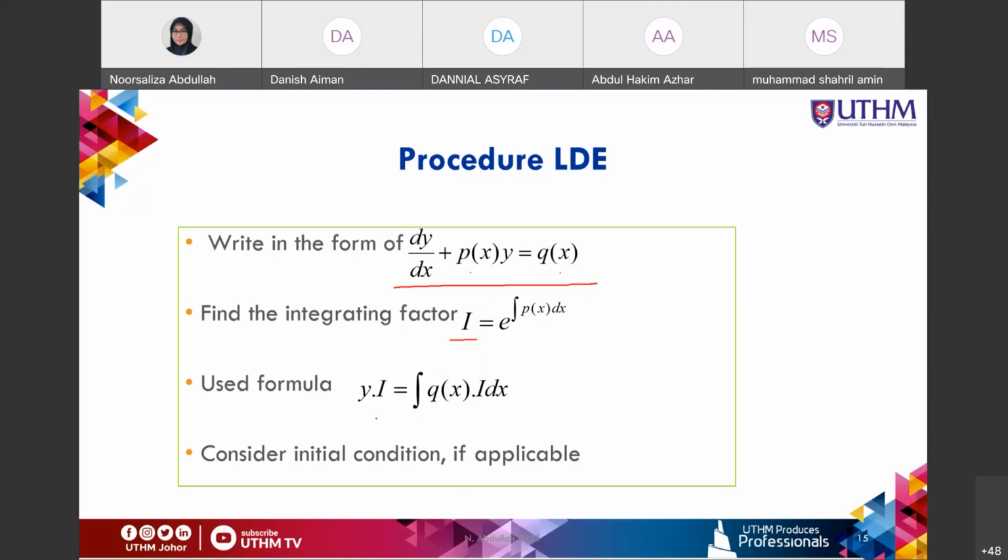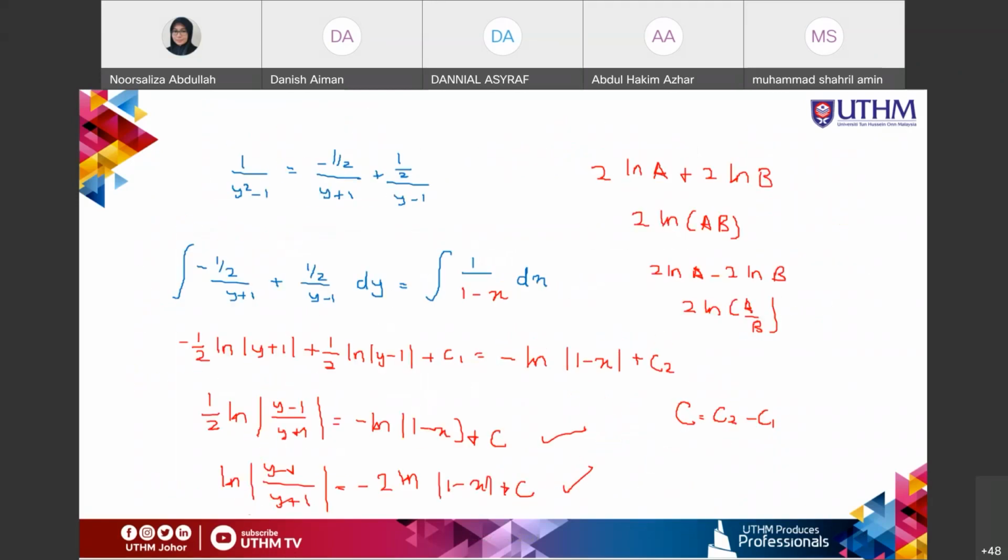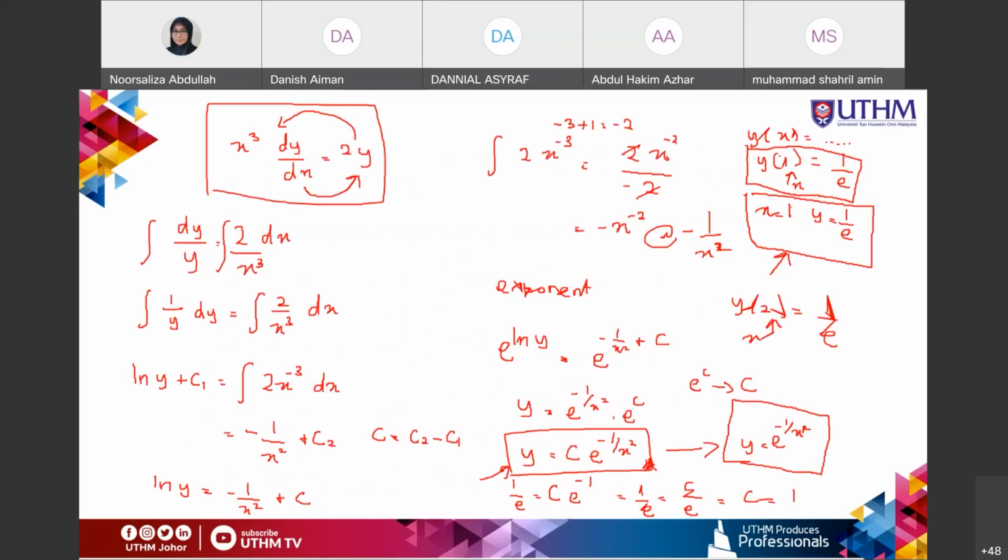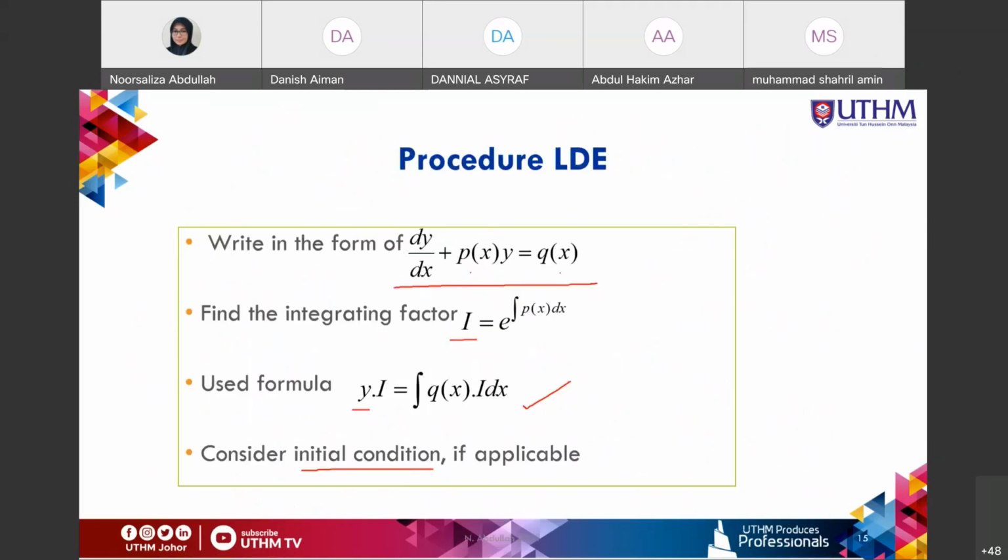Then you can get Y. If no initial condition given, you can stop up to this stage. However, if the question gives you the initial condition, then you have to solve the initial condition to find the C.